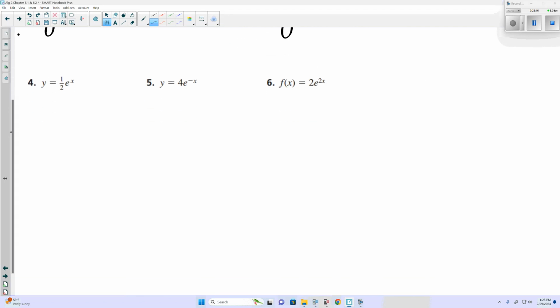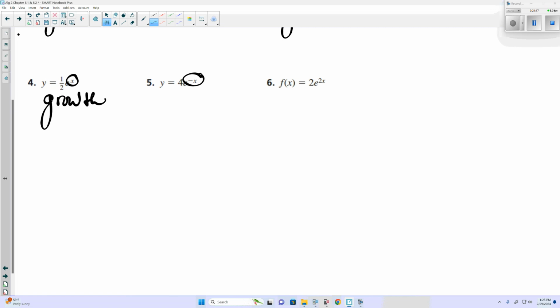Now if we look at number 4, 1/2 e to the x, what would this one be? It'd be growth, because it's not taking into account the 1/2, it's looking at the x, the exponent, and it is positive, so it is growth. All right, Caden, y equals 4e to the negative x. So the next one, what's our exponent? Is it positive or negative?